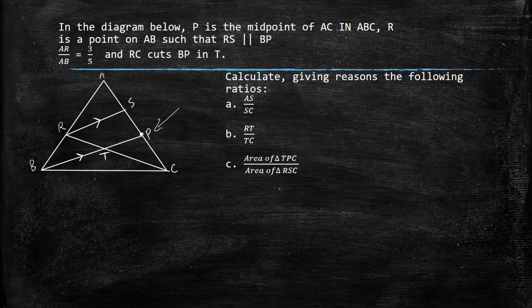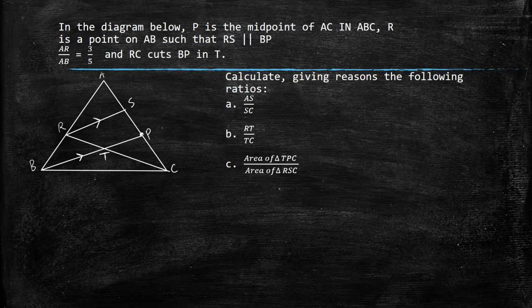Of AC. So what we're going to do in this question is write down whatever property you have according to the statement. What does it mean when P is the midpoint of line AC?